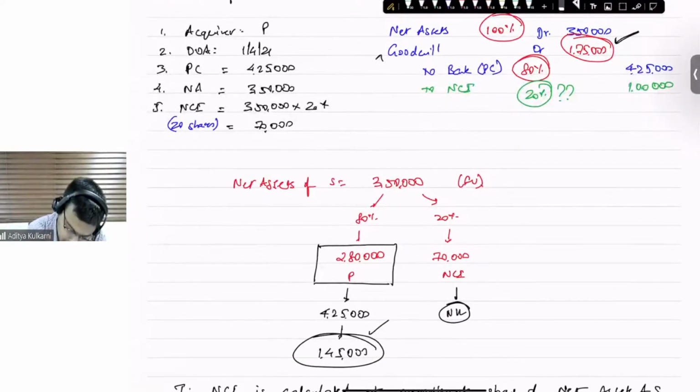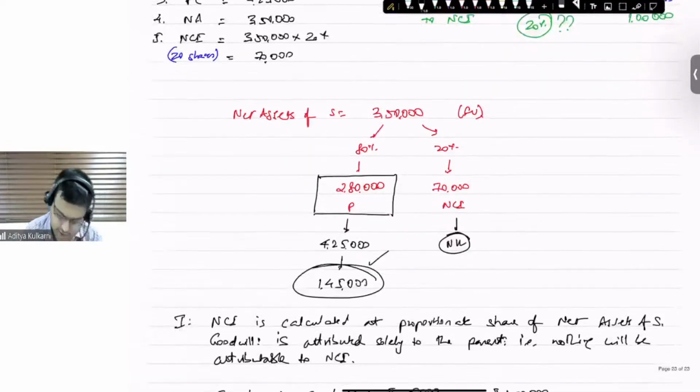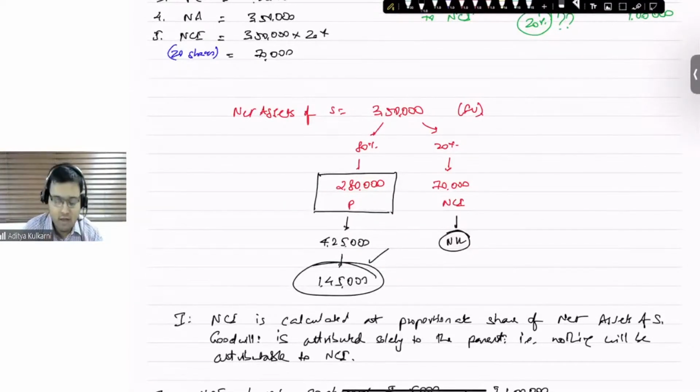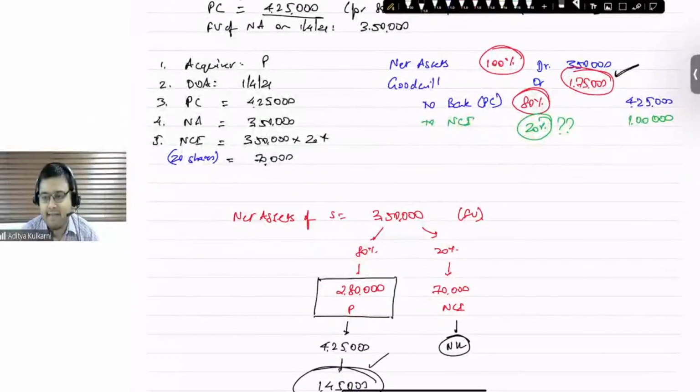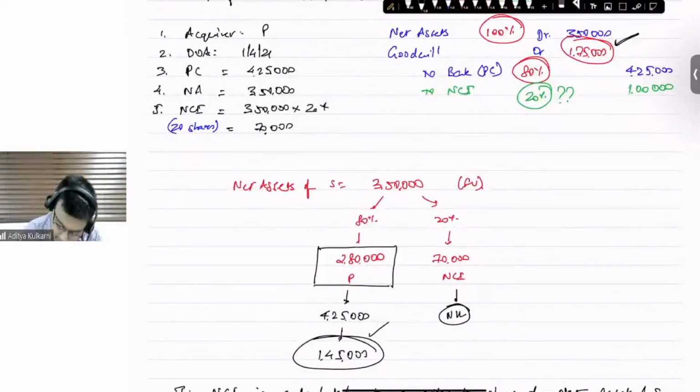But if you look at the goodwill calculation, we had understood that 1 lakh 45,000 is the goodwill attributable to the parent. But your total goodwill is 1 lakh 75. So out of 1 lakh 75, 1 lakh 45 is attributable to the parent. That means the balance 30,000 in this case will be attributable to the NCI.